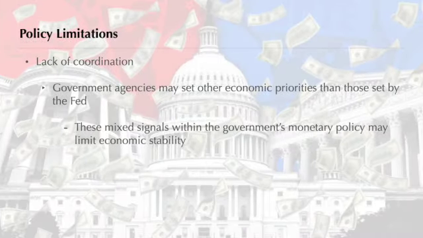A fourth limitation on the Fed's actions is that other government agencies sometimes target different economic priorities than those identified by the Fed. This lack of coordination among government agencies can hinder economic stability and often sends mixed signals to the market. During the early 1980s, for example, some economists believed that both the government's monetary policies and its fiscal policies seemed to contradict one another.